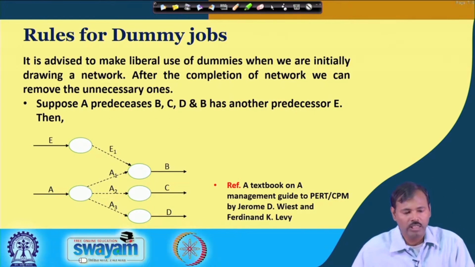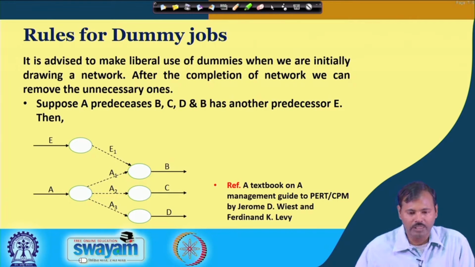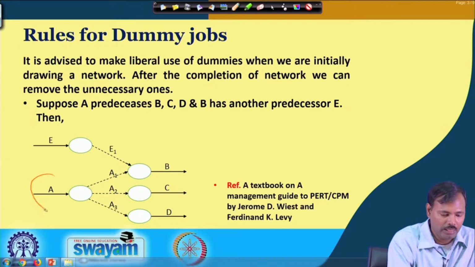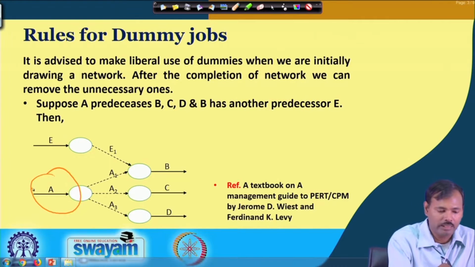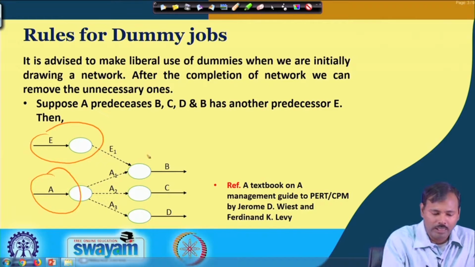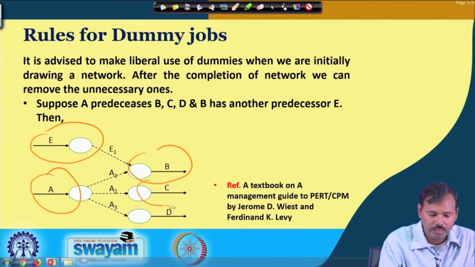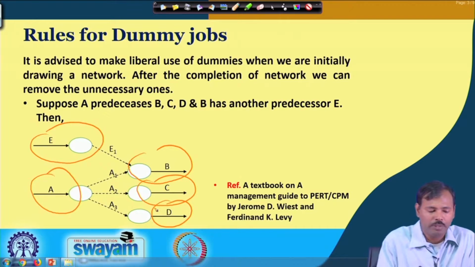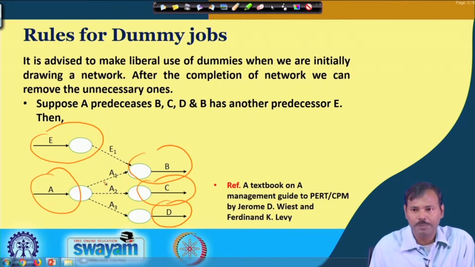So, if you see this activities, in this activity you can see the first job A here, second job E is here, and the B, C and D, these three jobs are having predecessors A and B is having another predecessors E.